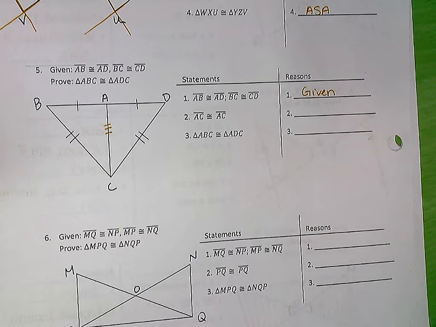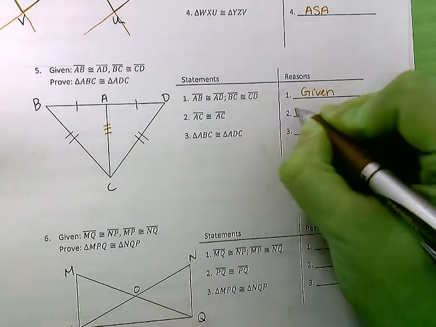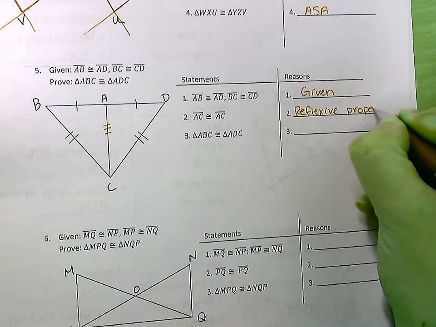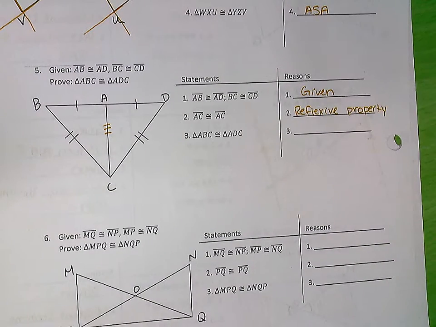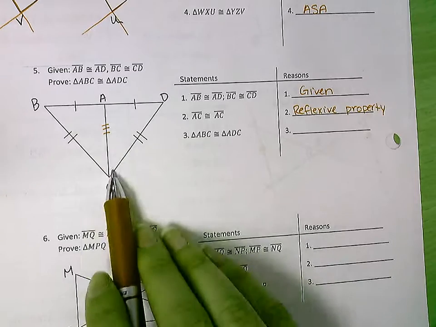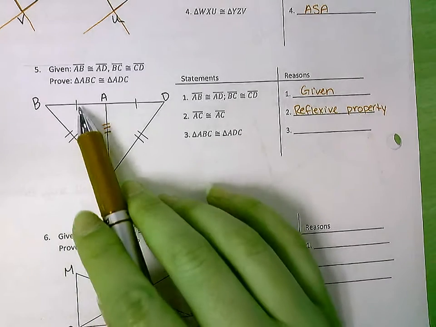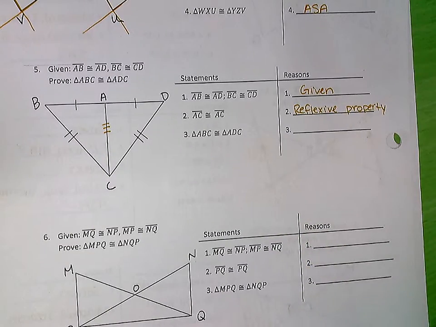It is the reflexive property. When you have something congruent to itself, it is the reflexive property. You do need to state that. In your proof, we did need to say AC is congruent to AC because I have those two separate triangles and they have to have that congruent side. So now I have enough information to say that they are congruent and I have a side, and another side.